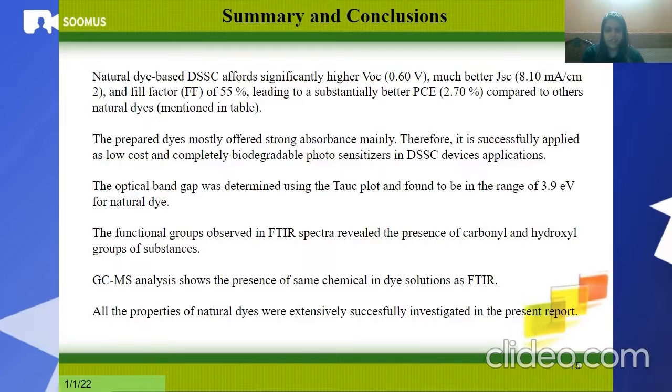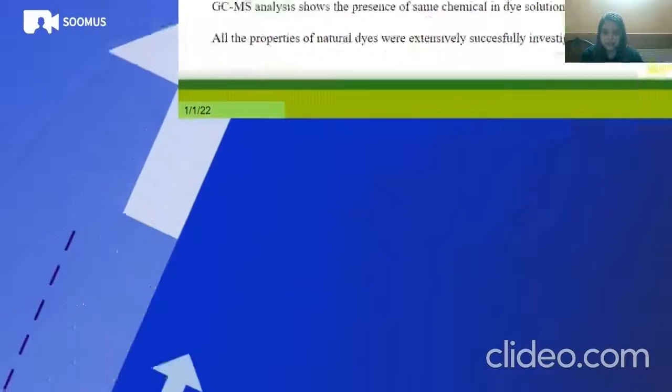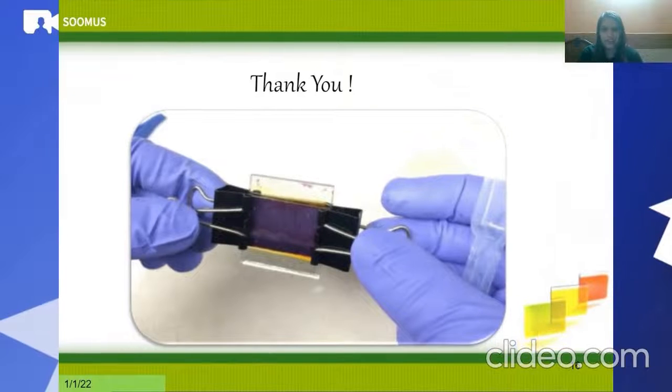And according to this, it's cost effective and near to an eco-friendly environment, which is the best solution for solar cell application. And thank you so much for listening to me.